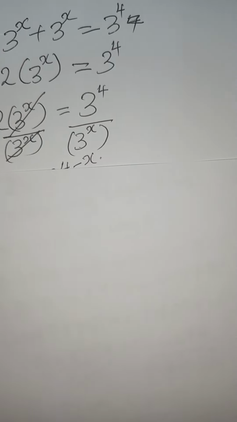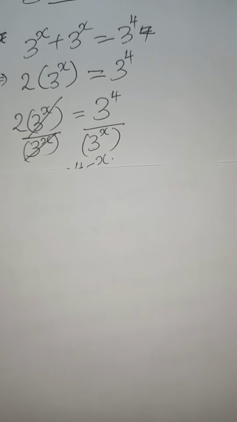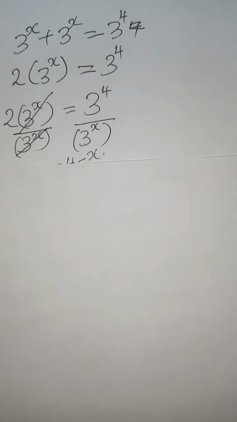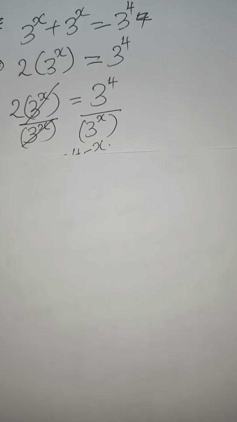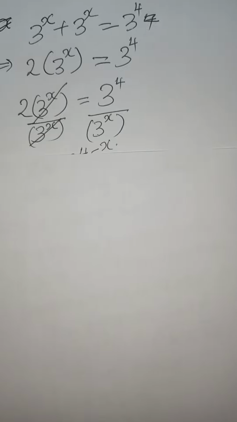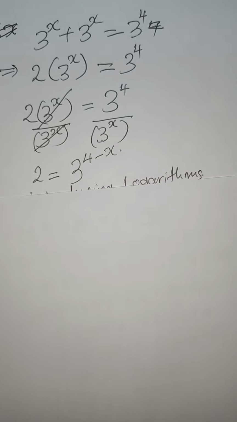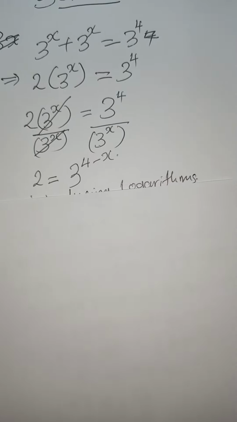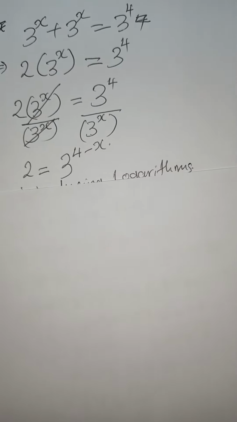And from the laws of indices, when you are dividing two numbers with the same base, then it is the same as maintaining the base and then subtracting the powers, and therefore we end up with 2 to be equals to 3 raised to power 4 minus x. 4 minus x is a power.